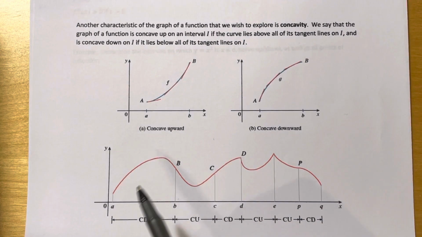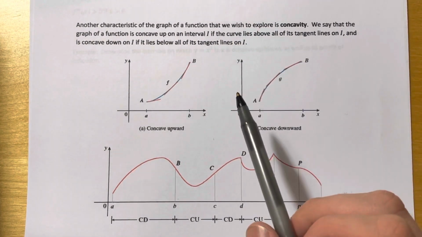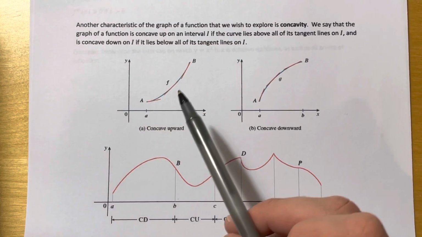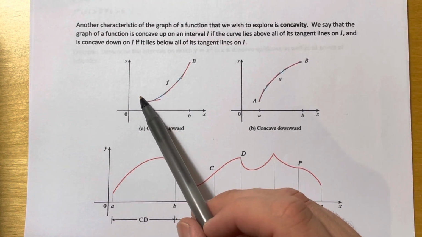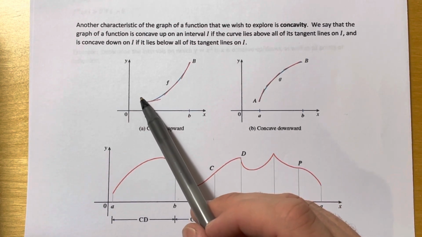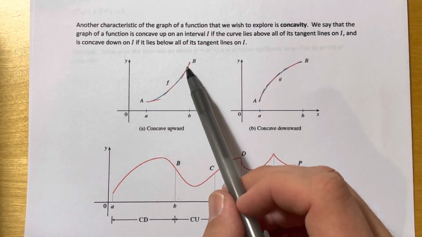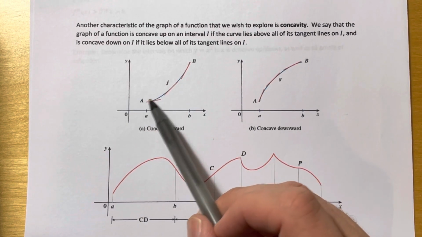Now that may feel like a weird way of defining this, because you may already have a sense of what concavity is or what it means for something to be concave. But when we talk about something being concave, we're talking about an actual curving sort of behavior. Notice this function curves in such a way that if it were like a bowl, then it would be opening upwards.